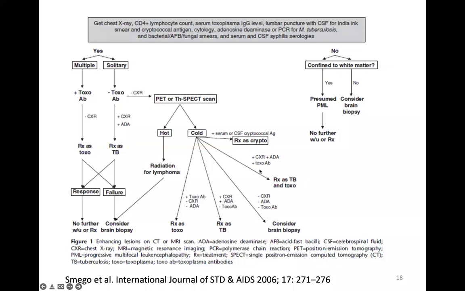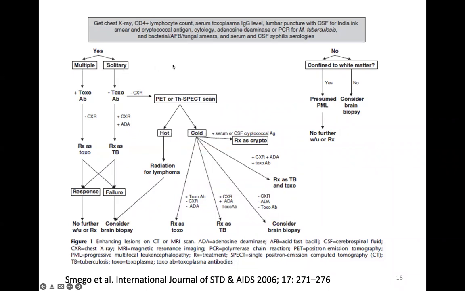You probably still need to look further at infectious or cold kinds of things like crypto. Maybe you need to look for TB somewhere else, maybe even a biopsy, treat for TB or even treat as toxo, depending on how your further investigations come through.